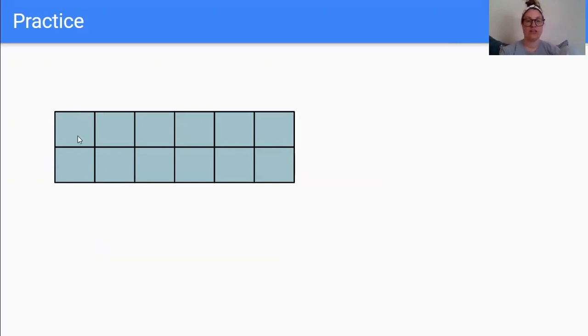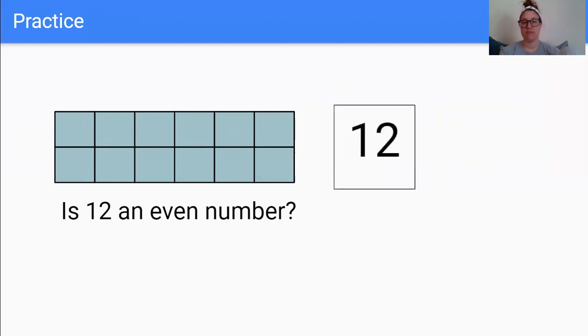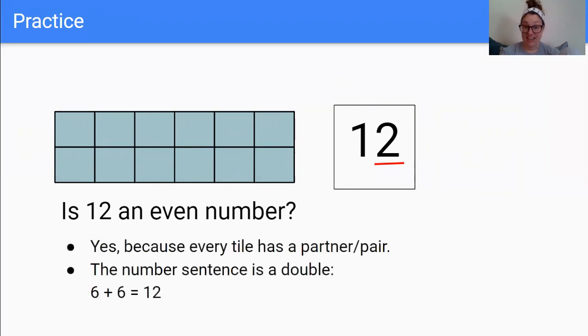Let's skip count. 2, 4, 6, 8, 10, 12. Is 12 an even number? Here's your number. Look at the digit in the ones place. Is 12 an even number? Yes.